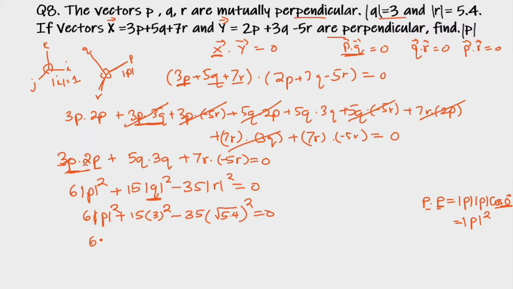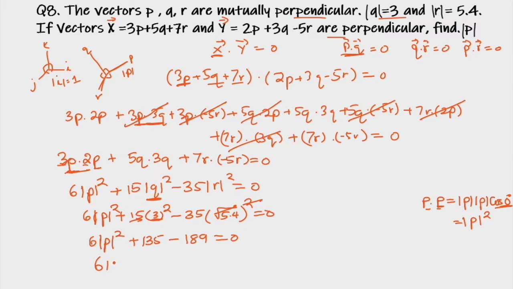So it will be 6 P square. 3 square is 9 times 15, 135, minus, the square root and square cancel, and 35 times 5.4 is 189.